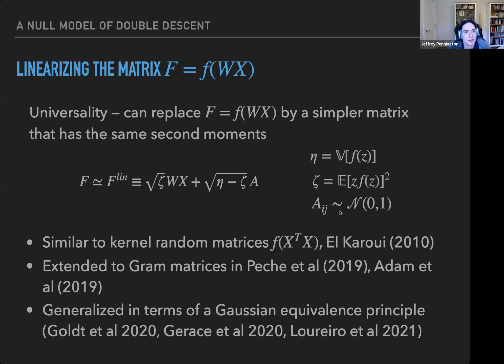And then you can use standard arguments, concentration of quadratic forms, basically, to show that the Cauchy transform of the random feature kernel is the same if you replace F with the linearized version, and through some additional arguments, rewrite the test error in terms of that Cauchy transform, and essentially that's all there is to it.